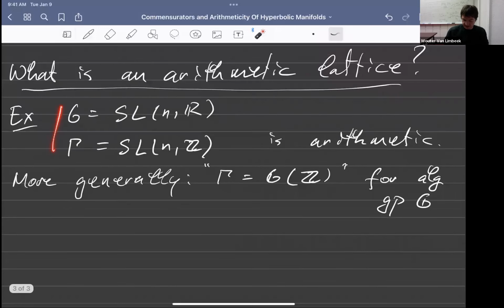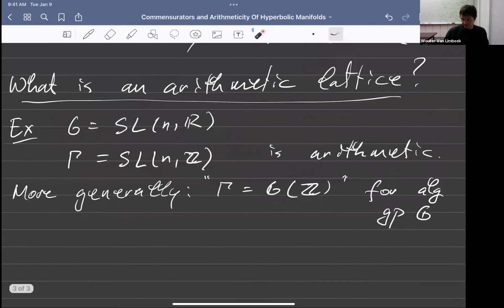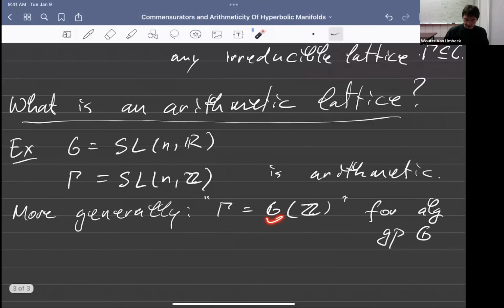But really this is the idea, that you just look at integer matrices. And so the group theory of this lattice will be connected to the number theory of this algebraic group.